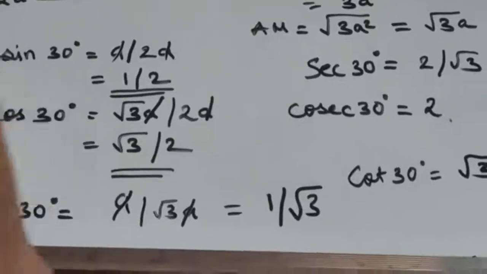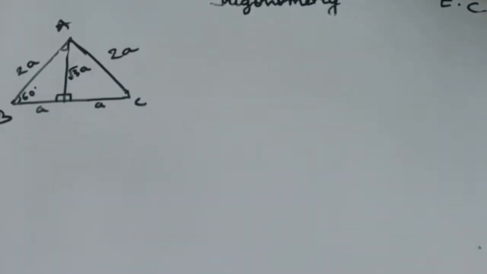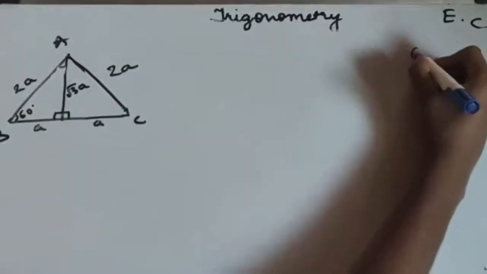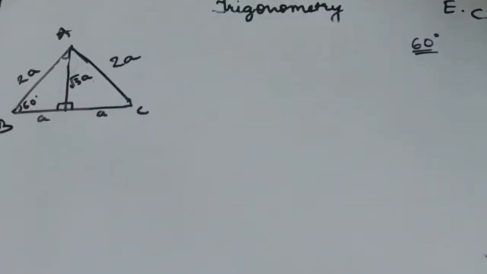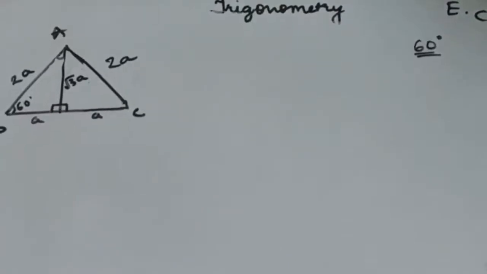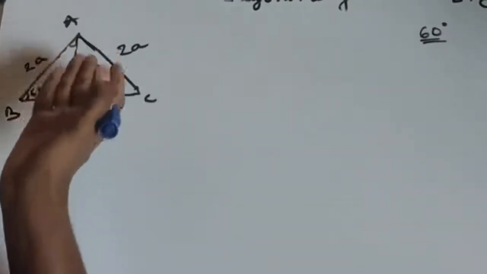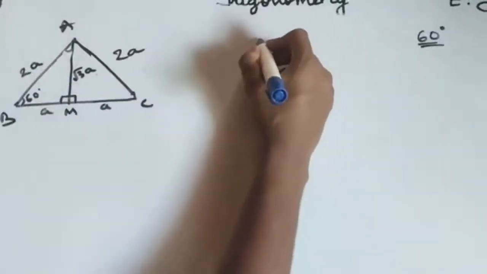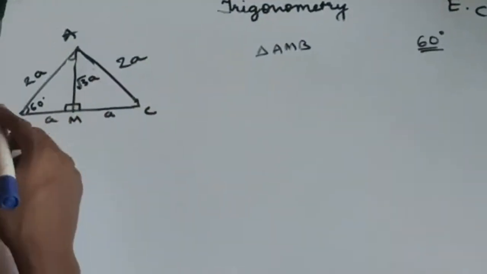Now let's find out the values of trigonometric ratios at 60 degree angle. I have drawn a fresh, clearer figure for you. Since we have the values of all the sides in triangle AMB, let's find the values directly.